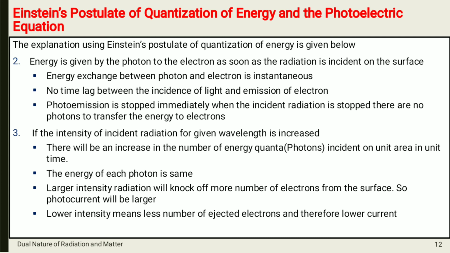Now, energy is given by the photon to the electron as soon as the radiation is incident on the surface. Energy exchange between photon and electron is instantaneous, means immediately. This process will happen immediately. When light is incident on the metal surface, immediately the electron will eject out from the metal surface.